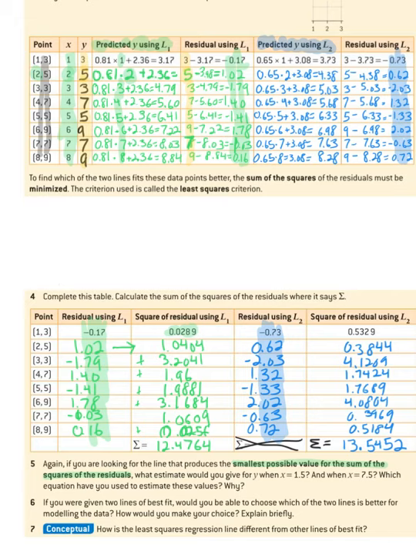That means the line we want to use is 0.081x plus 2.36 y equals. That's the more efficient line of best fit for this problem. That's the idea with this squares of residuals thing.